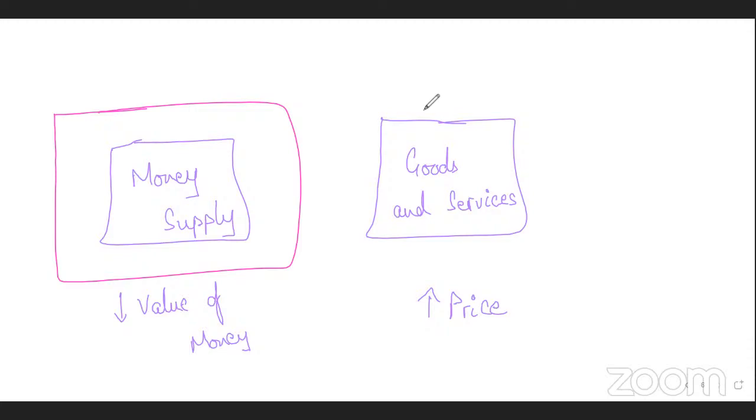And if our central bank prints a lot of currency, then there will be more money chasing fewer goods. So people have more money lying in their pockets, whereas the quantity of goods and services is the same. Now, in such a situation, what will that do?